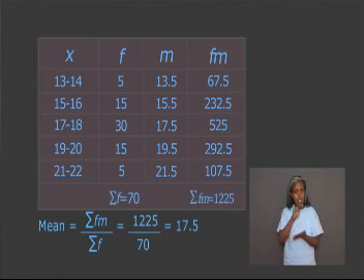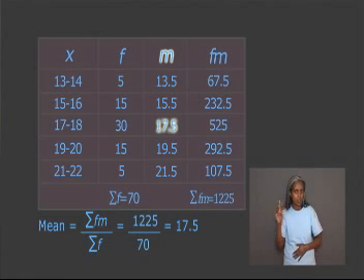The mean is found by dividing the sum of Fm by the sum of the frequencies. Therefore, the mean is equal to 17.5. The median is the midpoint of the data. Since there are 5 classes, we can take the middle class, which means that the median is also 17.5.